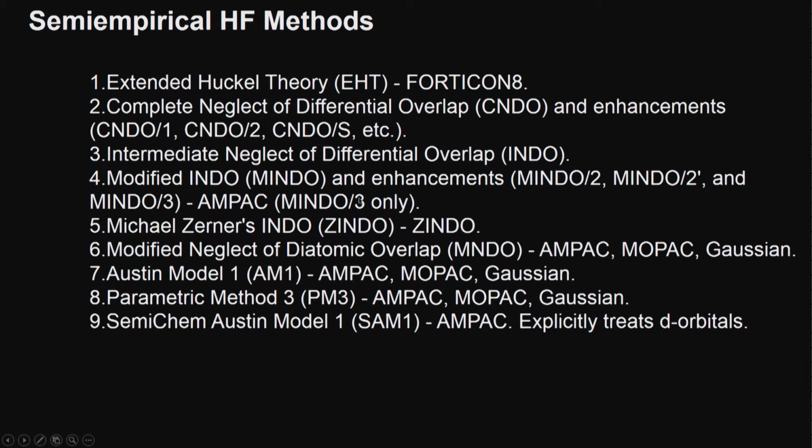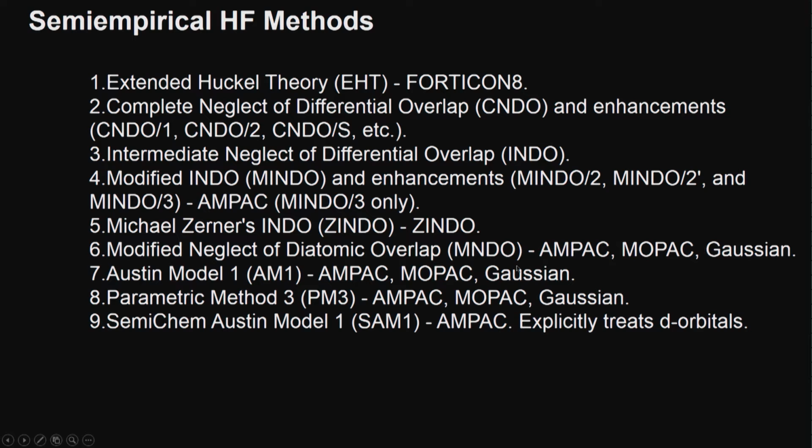A large number of methods are there for semi empirical. CNDO, CNDO/1, CNDO/2, CNDO/S, then intermediate neglect of differential overlap, INDO. We looked at some of those definitions yesterday. Then MINDO, that is modified INDO. Then we have AMPAC, then we have ZINDO, then modified neglect of diatomic overlap, MNDO.